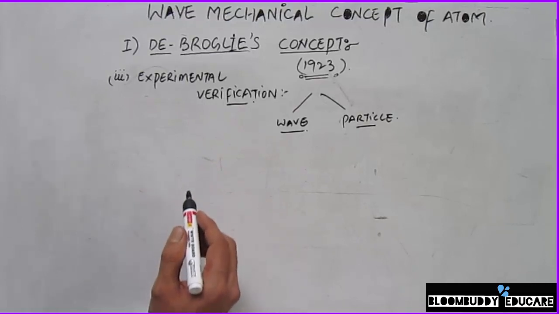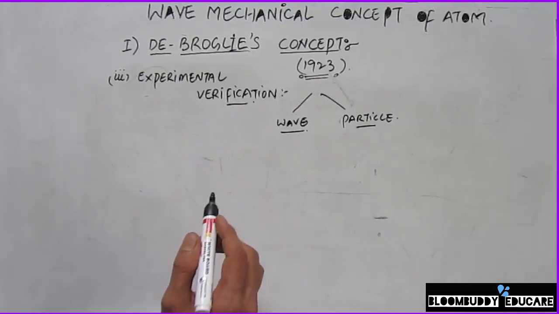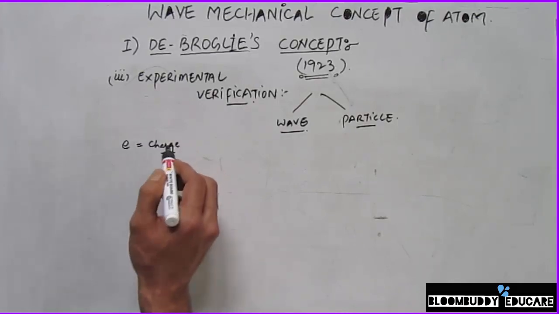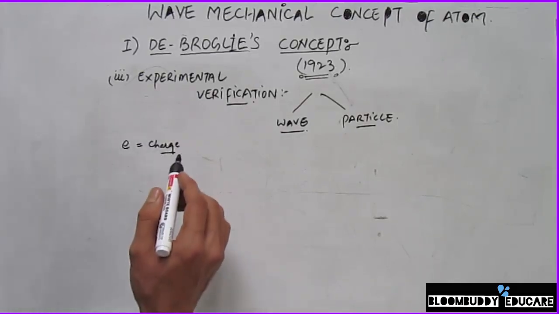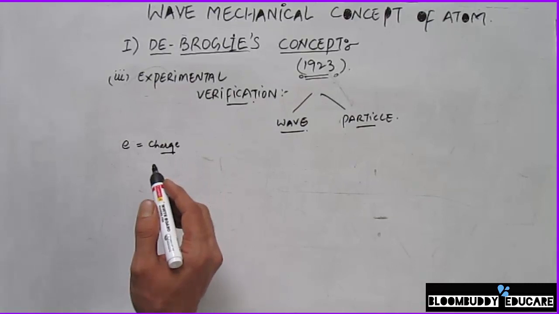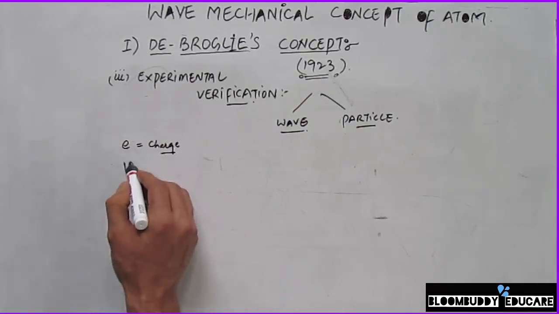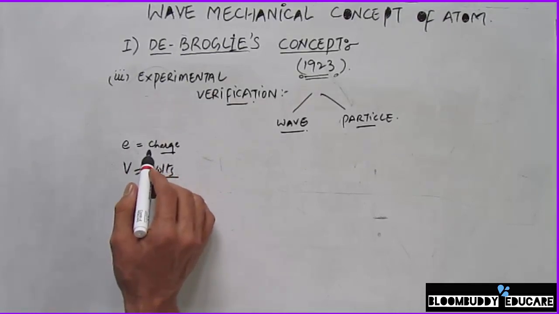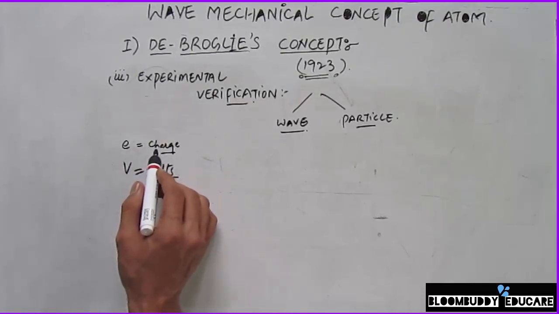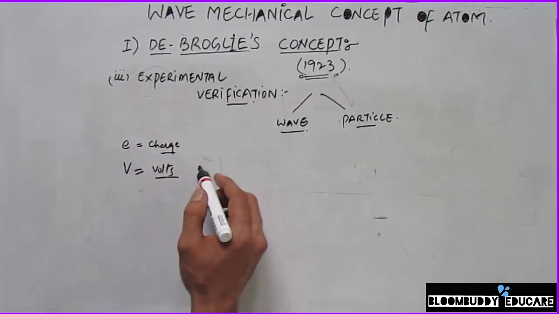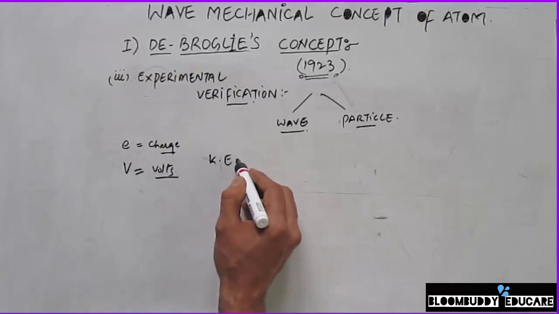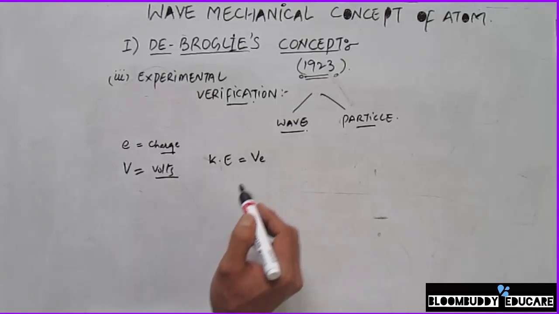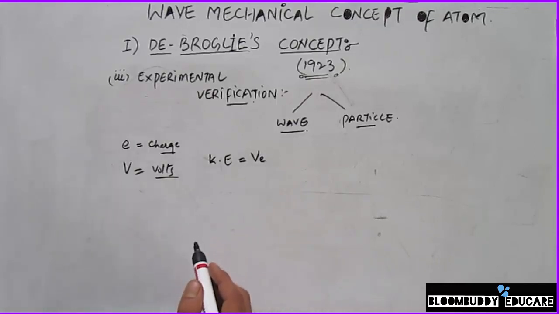To verify the de Broglie wave equation, I have to take the assumption that there is an electron having a charge e, and this electron is accelerated by applying a potential of V volts. Then its kinetic energy will be equal to the potential applied multiplied by the charge the electron has, eV.